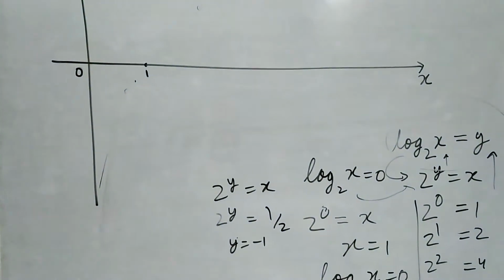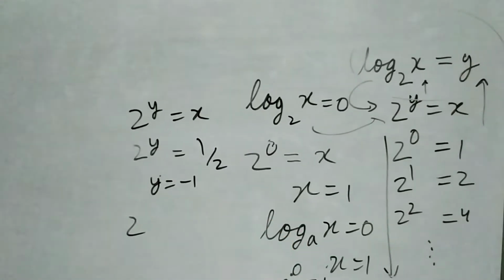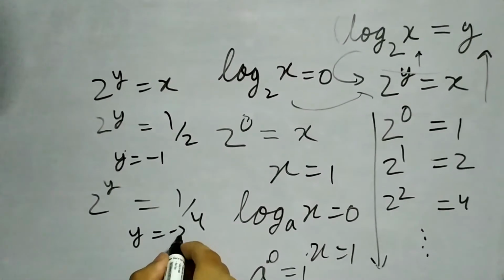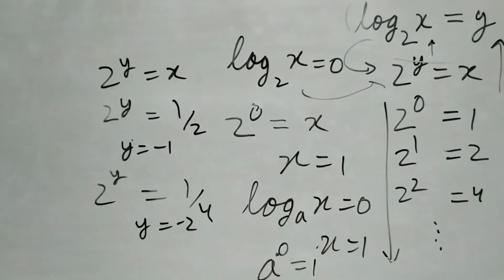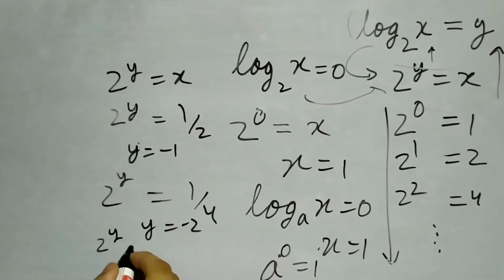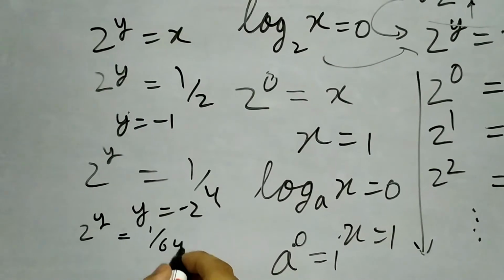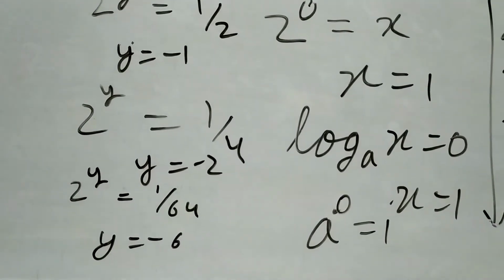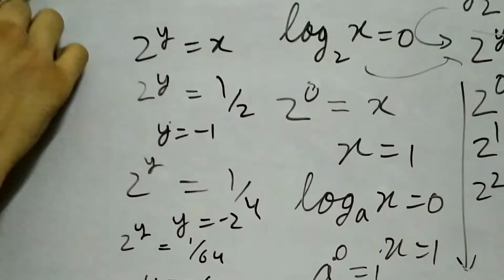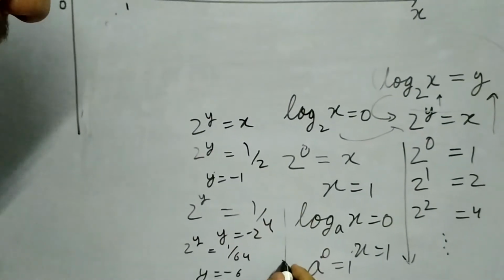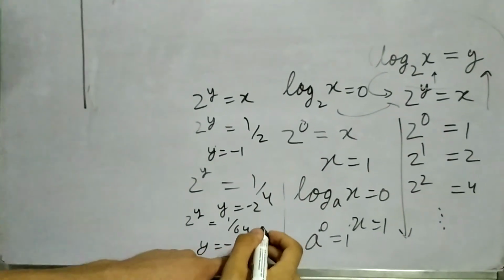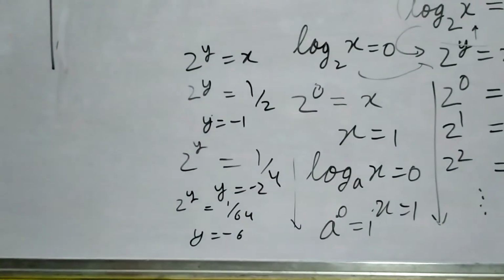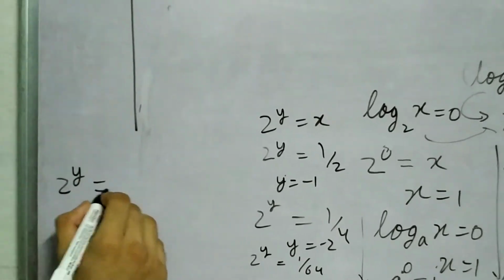And if you want to check for other values as well, 2 to the y is 1 by 4, so you get y as minus 2, and 2 to the y, let it be 1 by 64, then y is minus 6. So as you decrease x, as x approaches 0, y should be very, very small to make x 0.